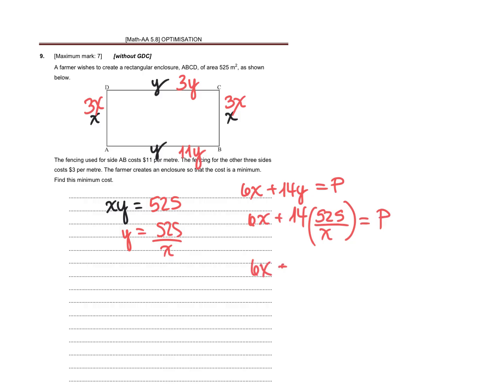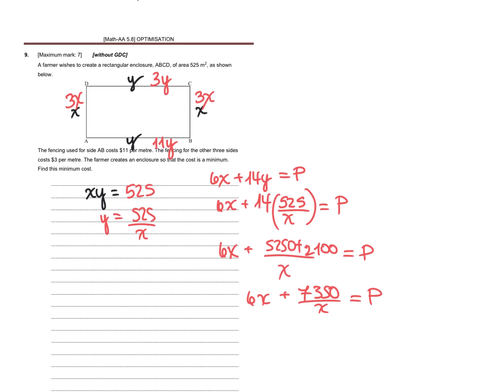Okay, so then this is 6x plus 7,350 over x equals p.